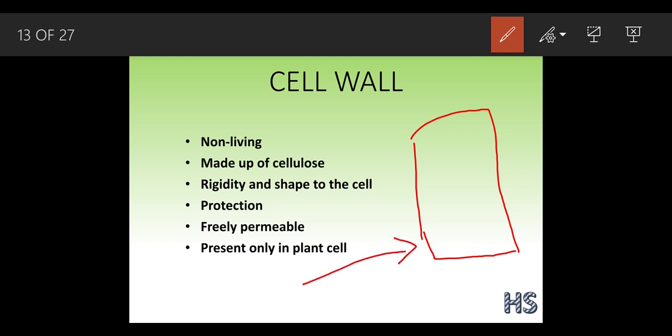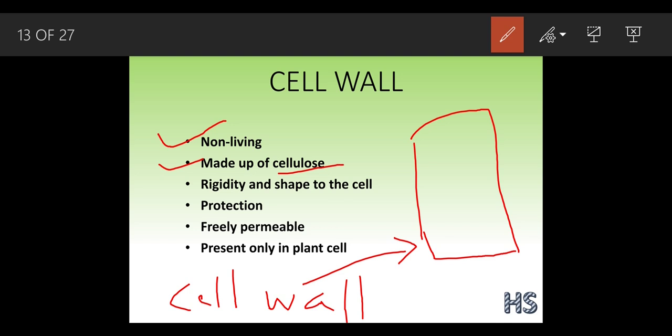This outermost end is called the cell wall. This cell wall is non-living. It is made up of cellulose, which is a type of carbohydrate.